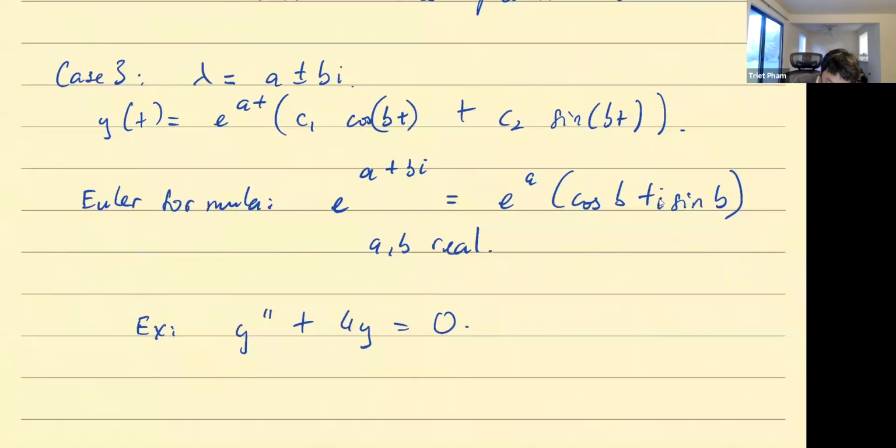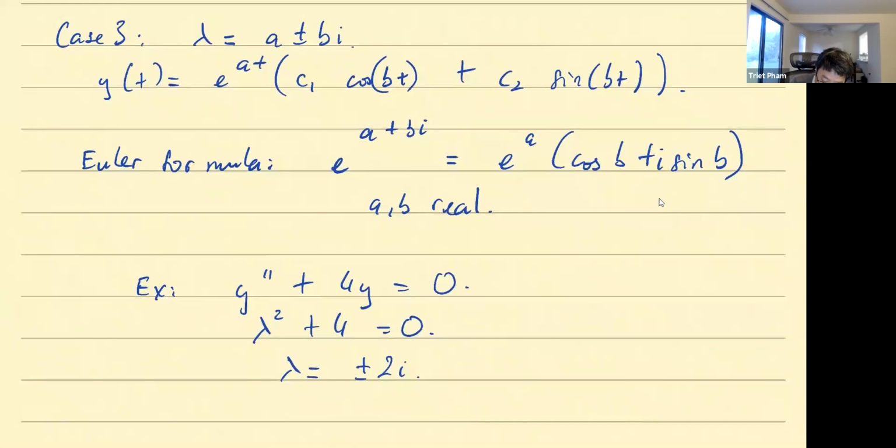The characteristic equation is lambda squared plus 4 equals 0. So the solution is lambda equals plus minus 2i. From here, you immediately conclude that y of t is c1 cosine of 2t plus c2 sine of 2t.